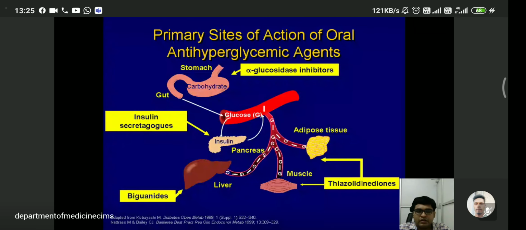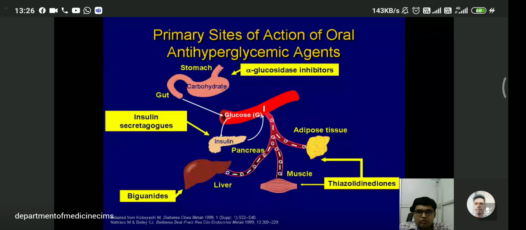What are the mechanism of action and site of action of these oral hypoglycemic agents? First, see here the site of action of these oral hypoglycemic or anti-hyperglycemic agents.